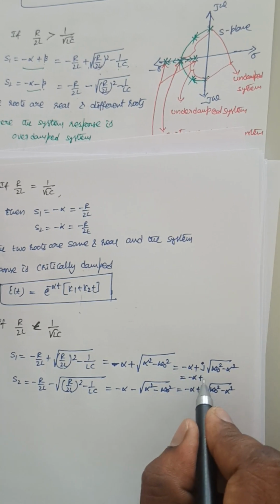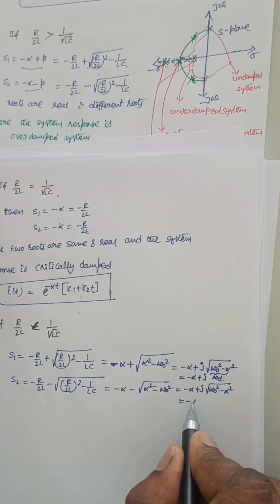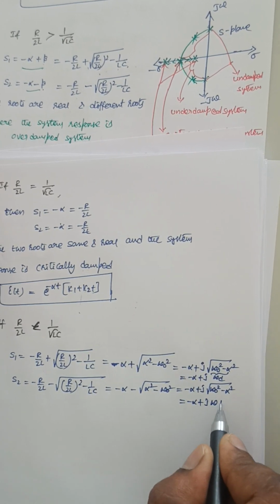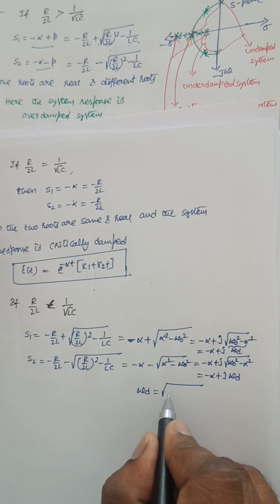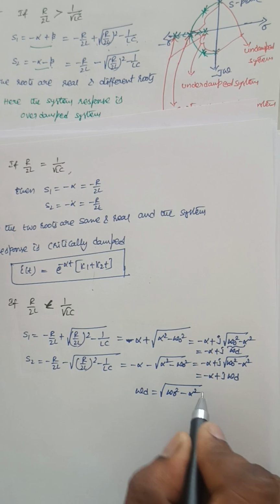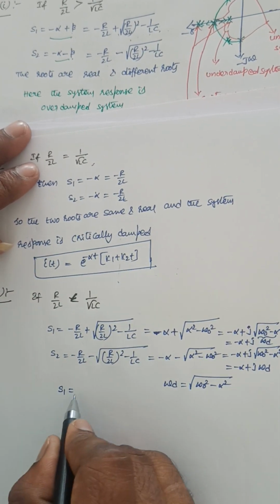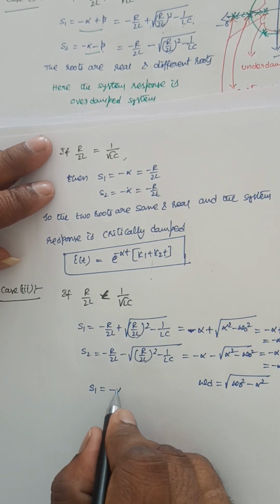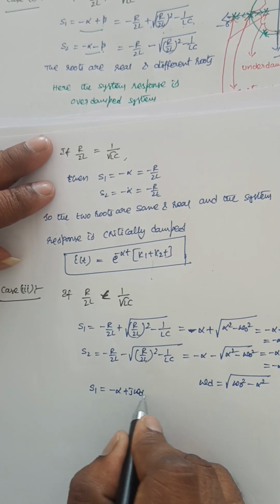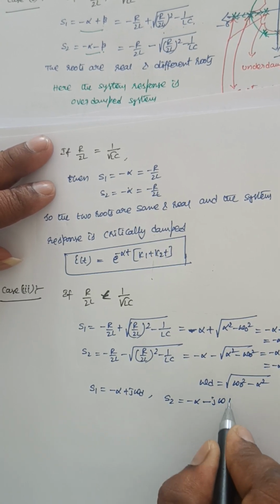This value is omega d, where omega d is equal to square root of omega naught square minus alpha square. So the two roots are S1 is minus alpha plus j omega d, and S2 is minus alpha minus j omega d.